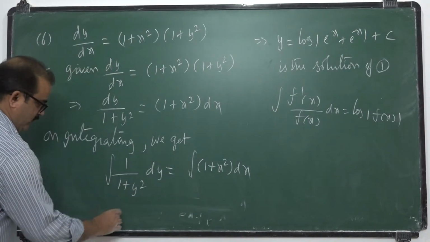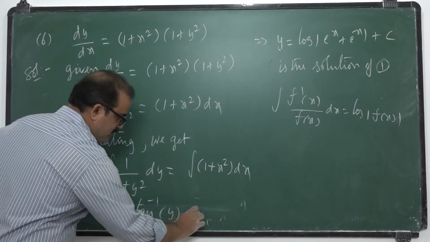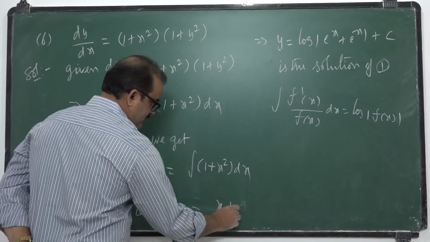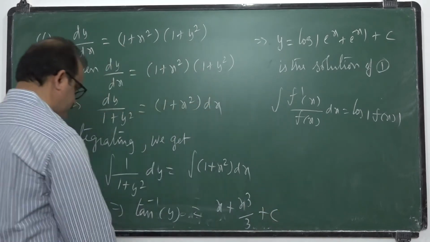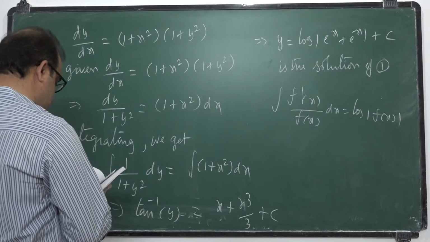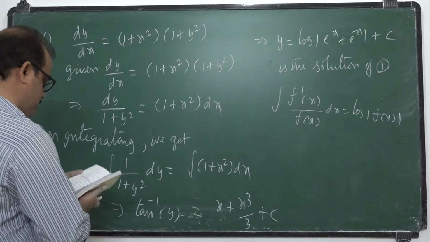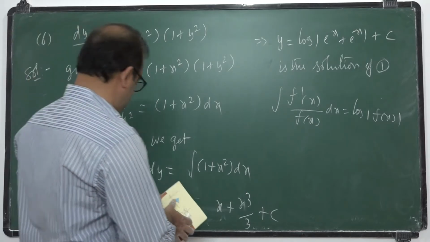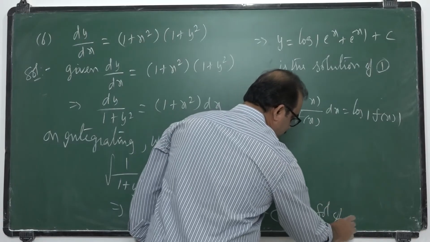Integral 1 by 1 plus y square, that is tan inverse y, is equal to integral 1 is x, integral x square is x cube by 3, plus c. This is the solution of equation 1.